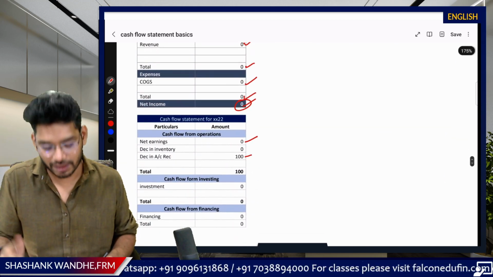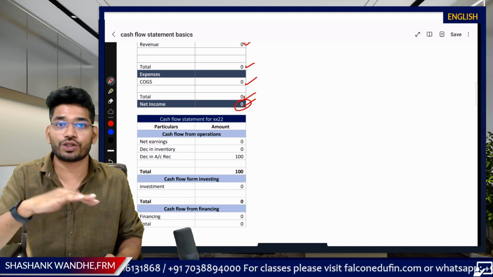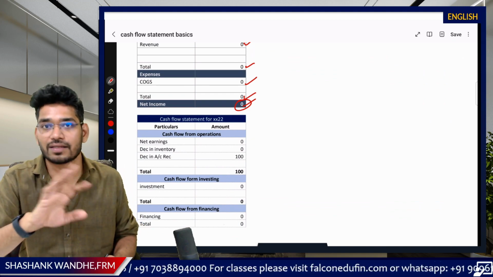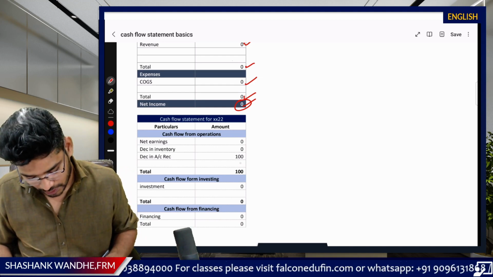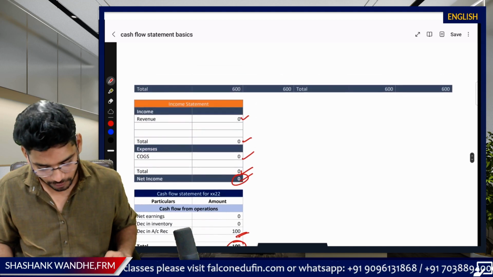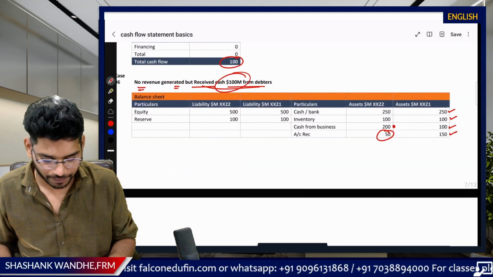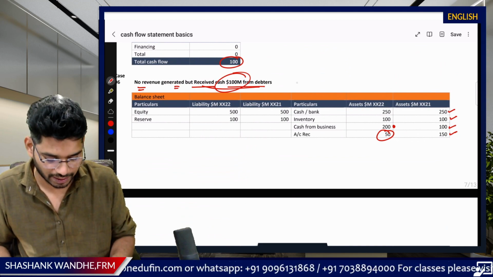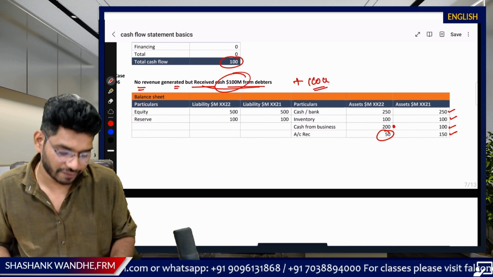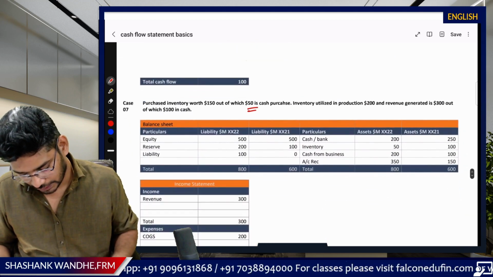This time our net income is 0. I'm intentionally keeping net income 0 so that you get the intuition of these receivables and payables. So 100 added, and your cash flow from operations is 100 only. Cash inflow is 100 only. So this is clearly seen. You can see here 100 million cash received, right? Very simple. Next.